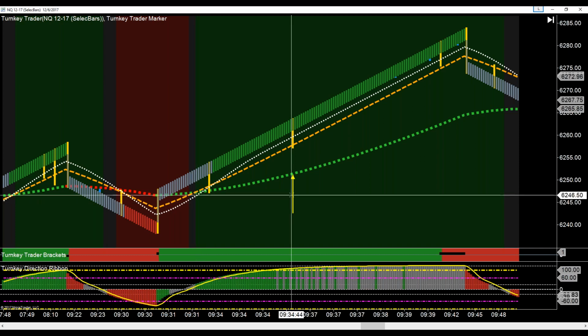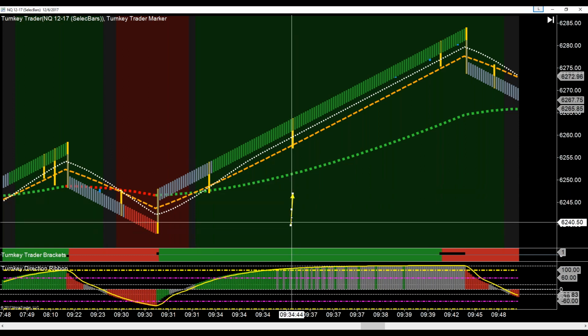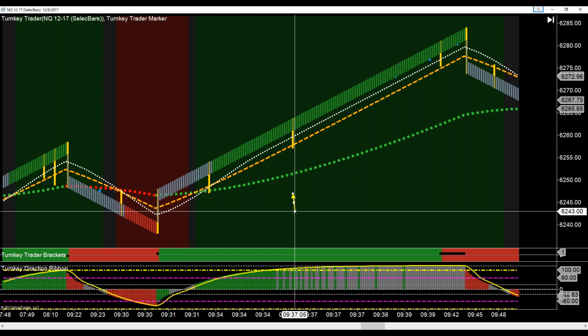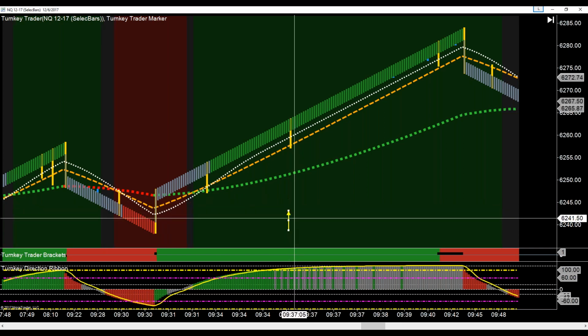As far as the gold bar, it's basically a modified volume indicator. We like to know that there's a lot of momentum building on a bar, and once we get to our appropriate limit that we like, that tells us that there's enough action going on here that we can assume there's a lot of momentum.